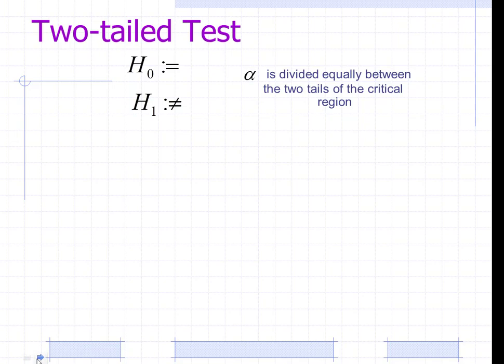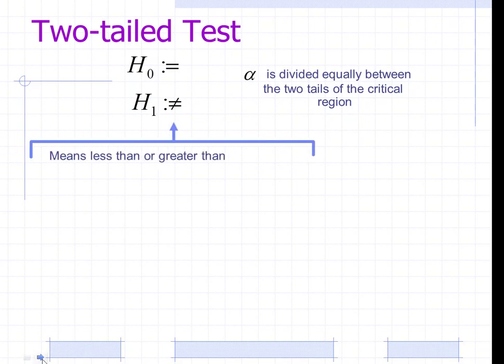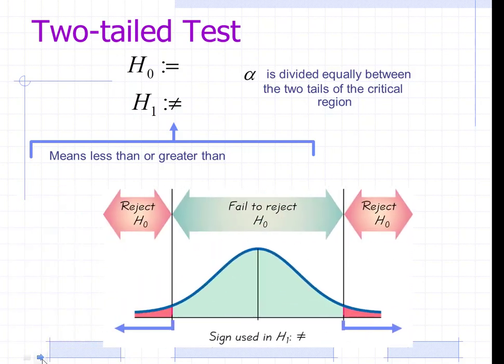When we have a two-tailed test, then alpha is divided equally between the two tails of the critical region. And so when we take our z-score test statistic to our standard normal curve, if it's close to the mean of the distribution, then we fail to reject. If it's out here in the tails, either the high tail or the low tail, then we can reject it.